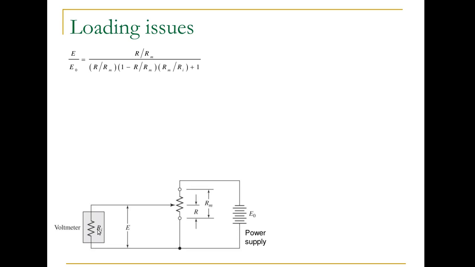And if Ri was infinite, then we would have a linear relationship between the output voltage and the resistance R. The ratio, according to this voltage divider, would be that E over R is equal to E0 over Rm. Now that's for an almost infinite Ri. In reality, there's going to be some current going through Ri, and it will change the voltage E. And in that case, we get this expression for the ratio E over E0.